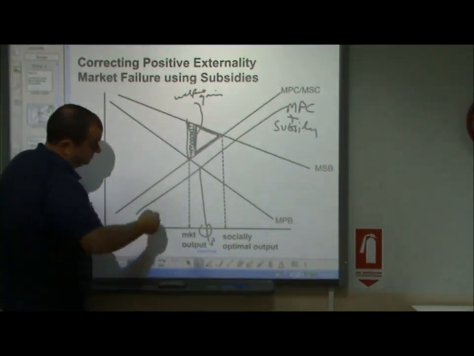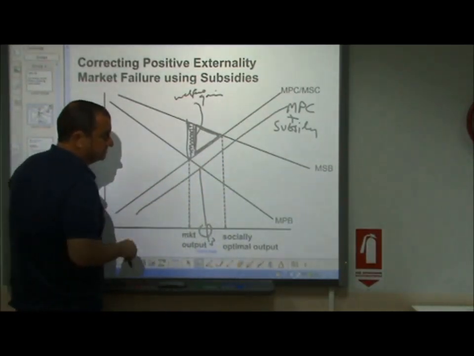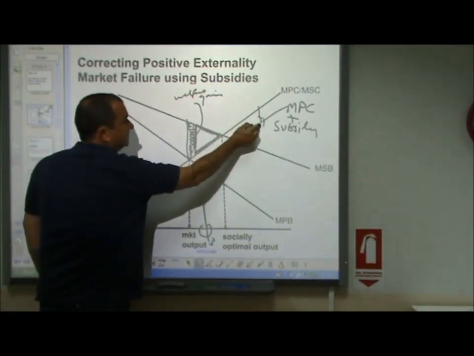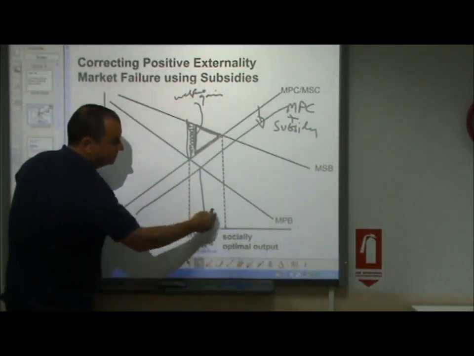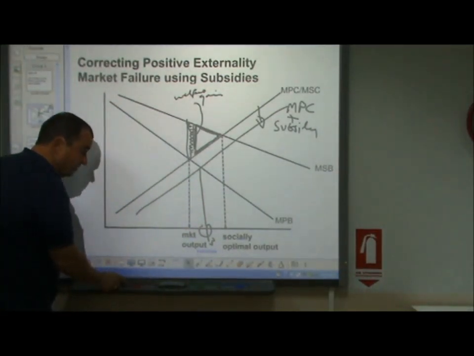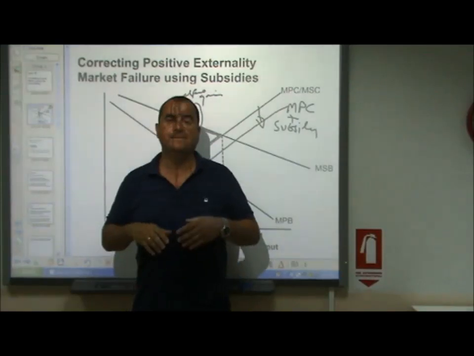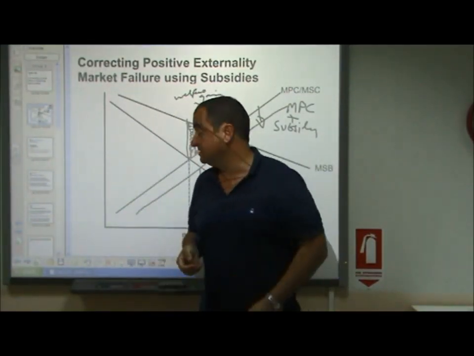So that's a step. Of course, a bigger subsidy would take the output closer and closer to the socially optimal level. So remember that the subsidy lowers the marginal private cost and takes the output closer to the socially optimal level. That's how positive externalities, markets where there is market failure, might be resolved through the giving of a subsidy by the government.